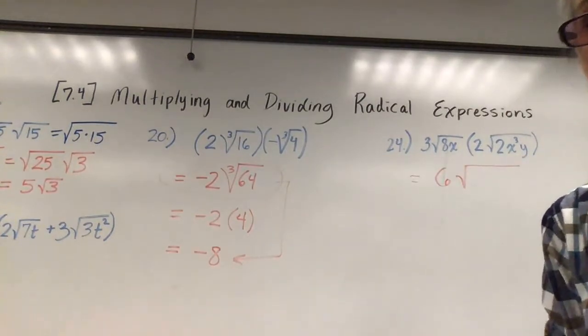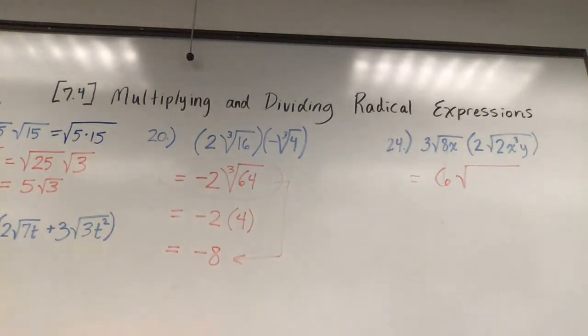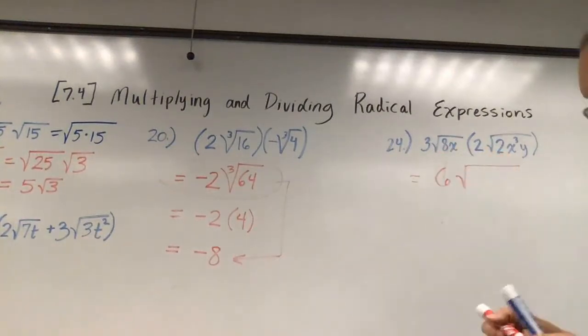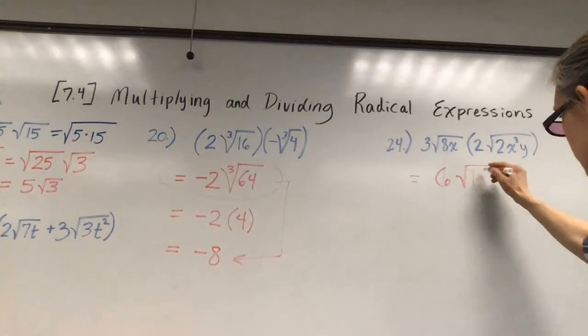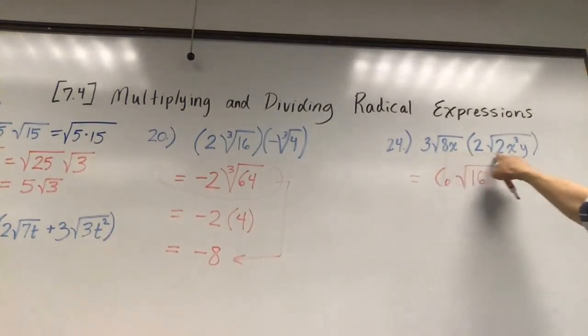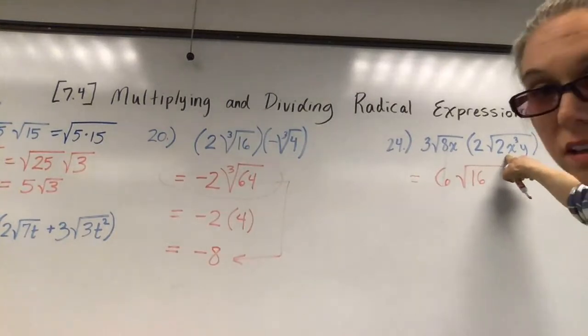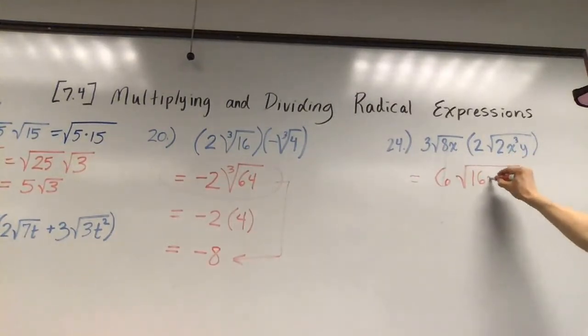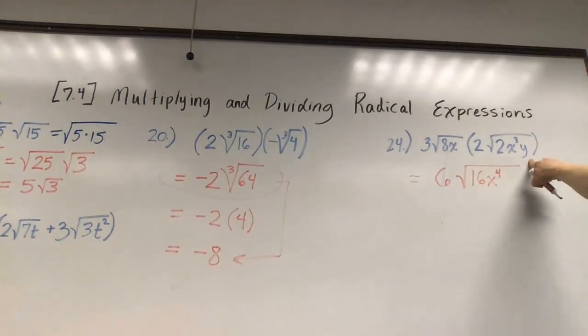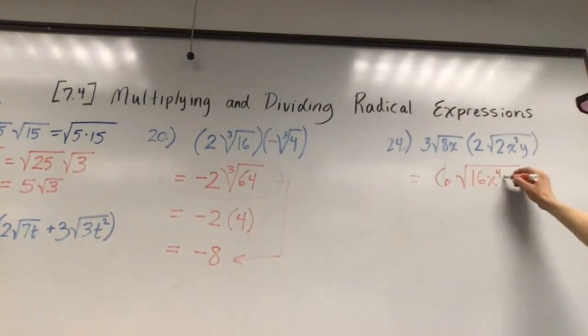And now I'm going to combine these two radicals together. 8 times 2 is 16. x times x cubed is x to the 4th. y is, of course, just y.